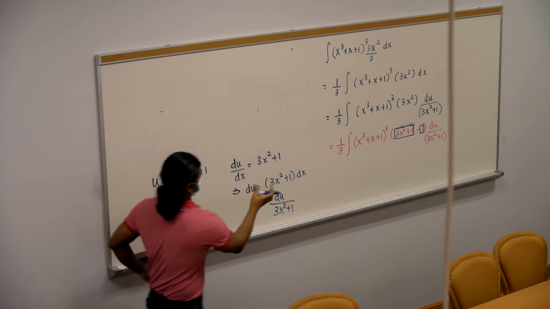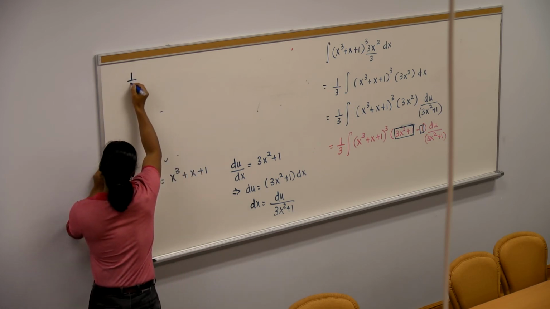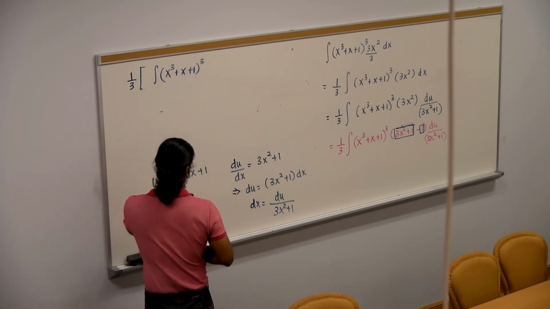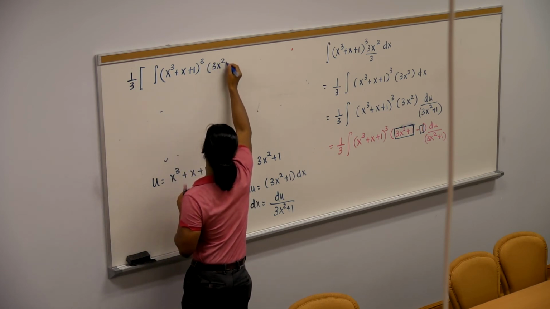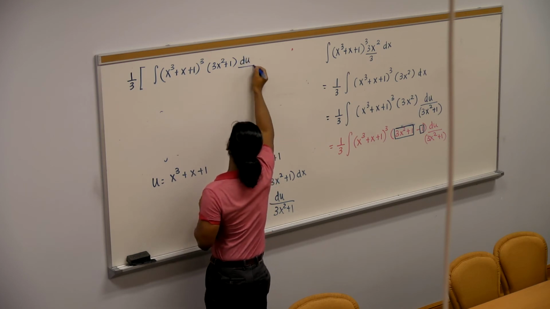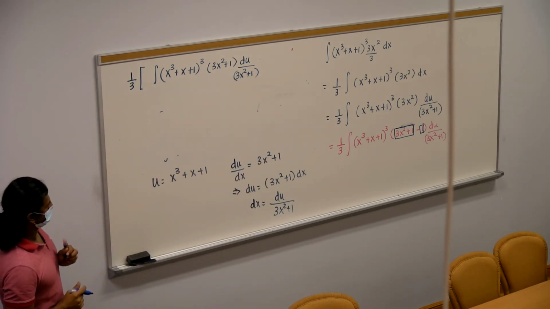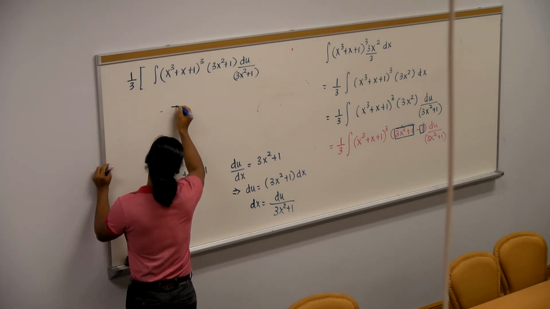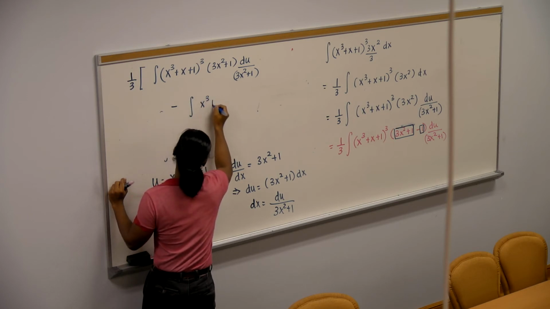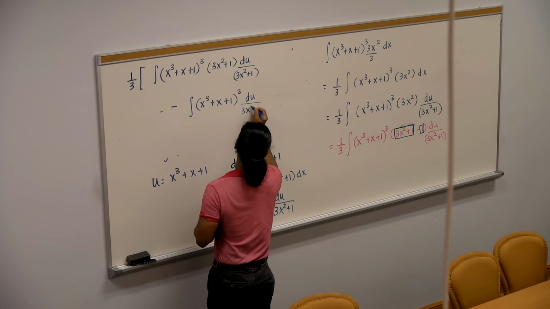When I distribute this term multiplied by that term multiplied by that 1, I will end up getting the integral of x cubed plus x plus 1 cubed times 3x squared plus 1, du over 3x squared plus 1, minus the integral of x cubed plus x plus 1 cubed du divided by 3x squared plus 1.